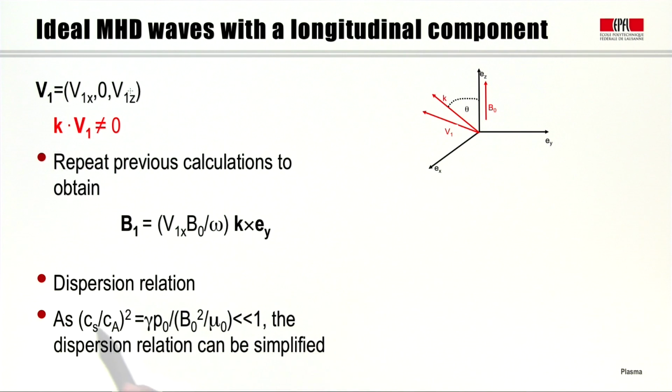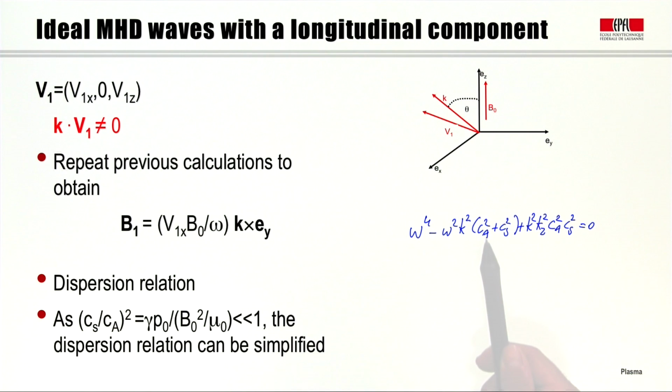We can continue the analysis and obtain a dispersion relation for the ideal MHD waves with a longitudinal component. We see that it has terms that depend on the Alfvén speed Ca and on the sound speed Cs, and it is in fact a quadratic relation for omega square.